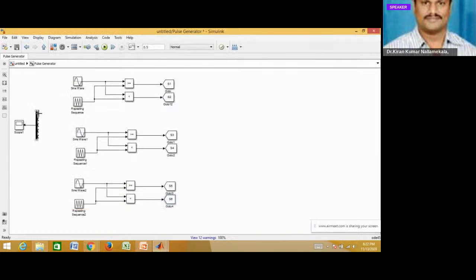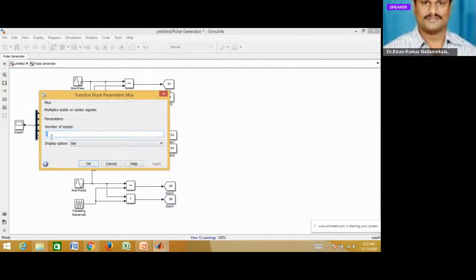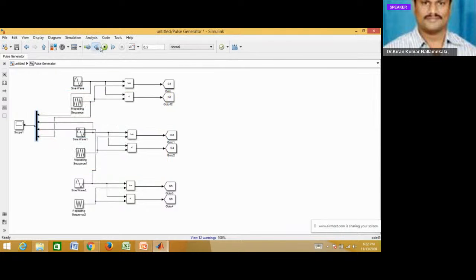Now, in order to validate whether all these sine waves are correctly taken or not, give all the sine waves to 3 different ports and take one triangular wave also. Here you can clearly see. It is taking more time, so we will take 0.1.